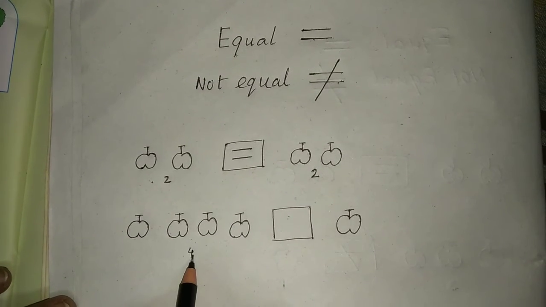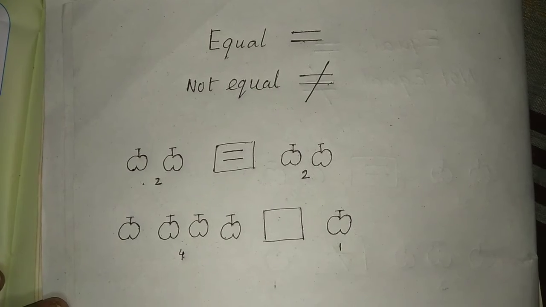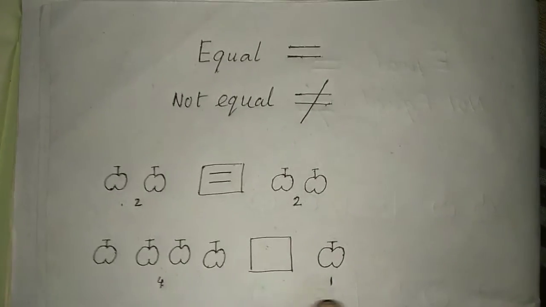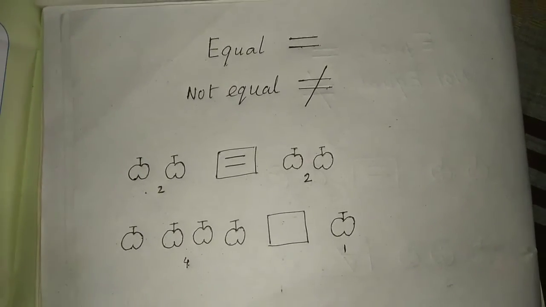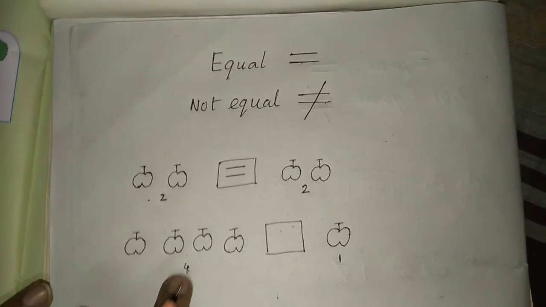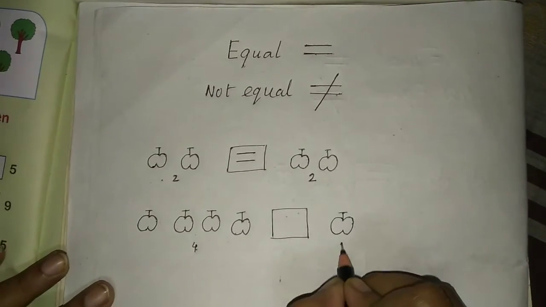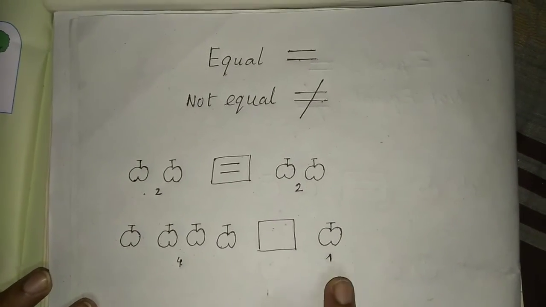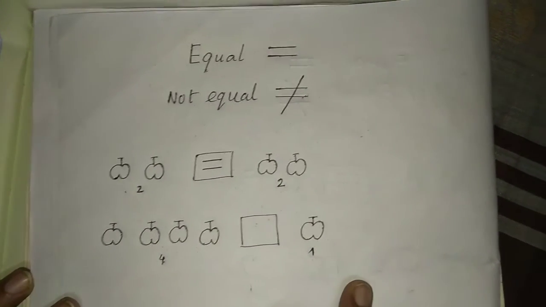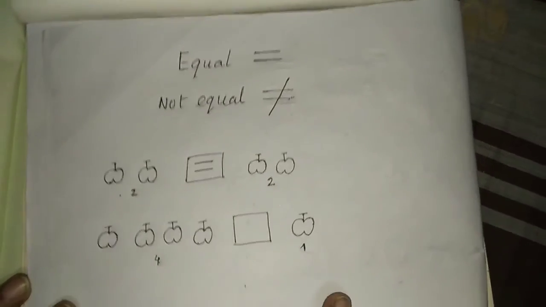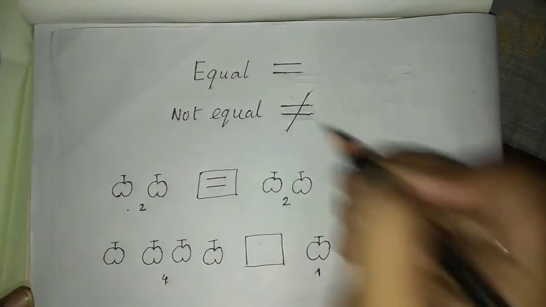I write 4 here, and the right side has only 1, so I write 1. Both sides are not the same number. The left side is 4 and the right side is 1. That means not equal.